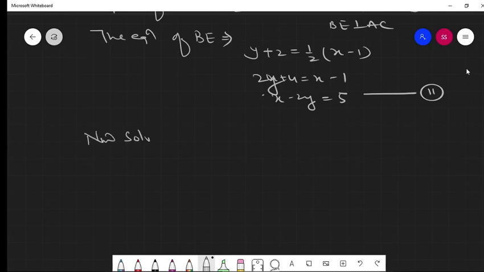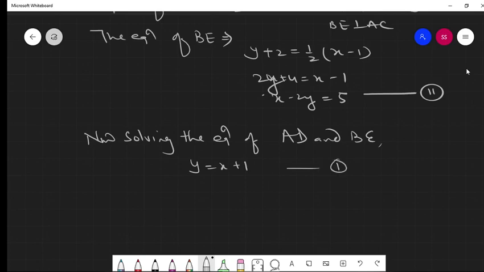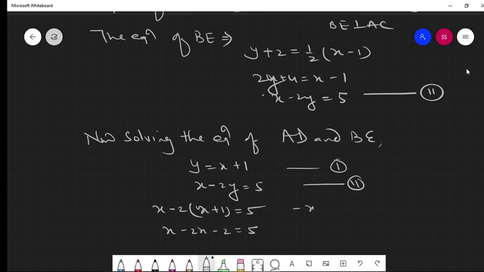Now, solving the equations of AD and BE: the equation of AD is y equals x plus 1, this is the first, and the second is x minus 2y equals 5. Substituting the value of y from the first, x minus 2 times x plus 1 equals 5, so x minus 2x minus 2 equals 5, or minus x equals 7.